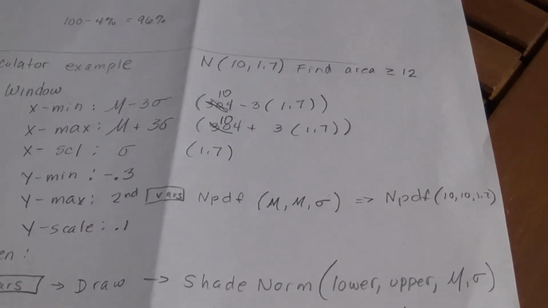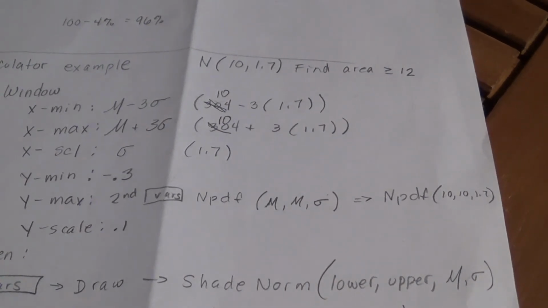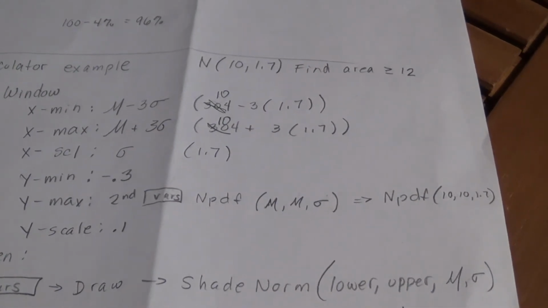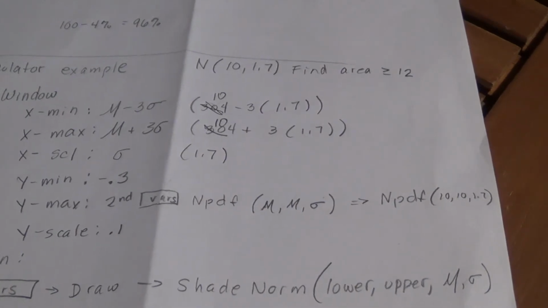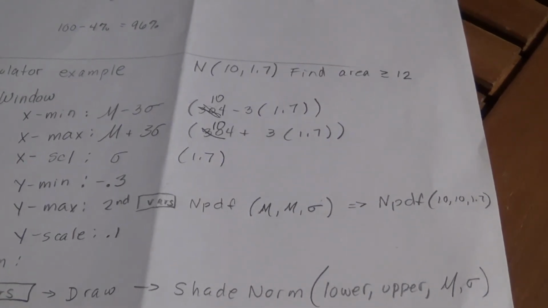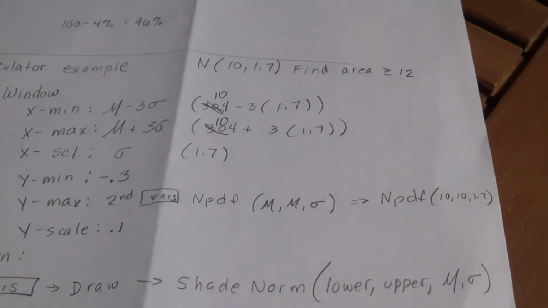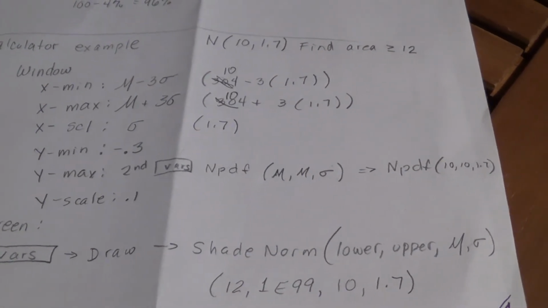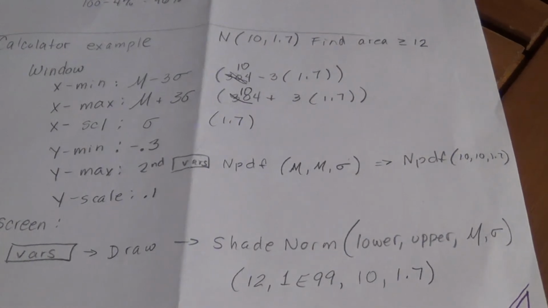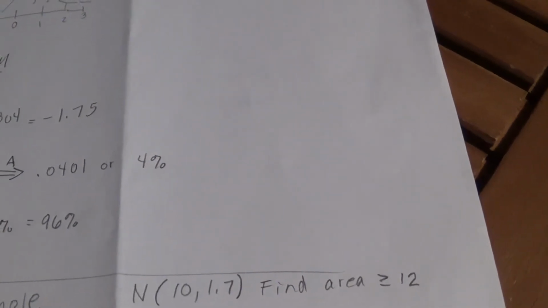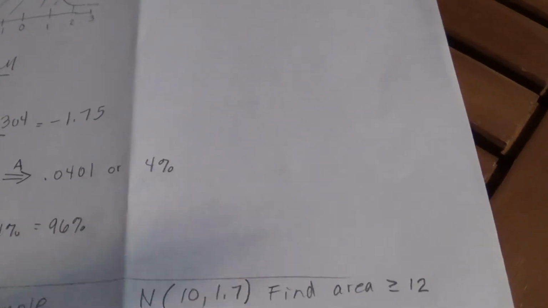In the screen that requests information on shade norm, you're going to give it the lowest number you want shaded, the highest number you want shaded, and of course the mean and the standard deviation. Alright, so in our case, remember the problem up here, we wanted to find the area greater than or equal to 12.